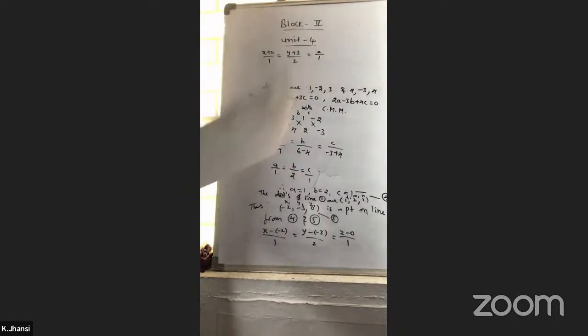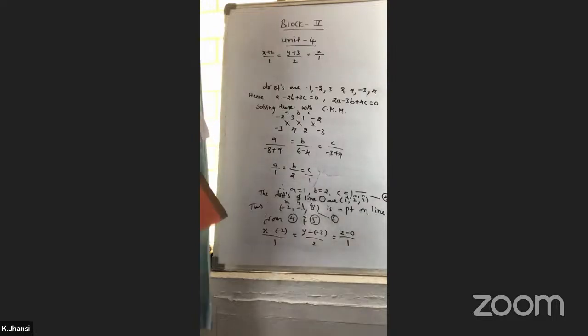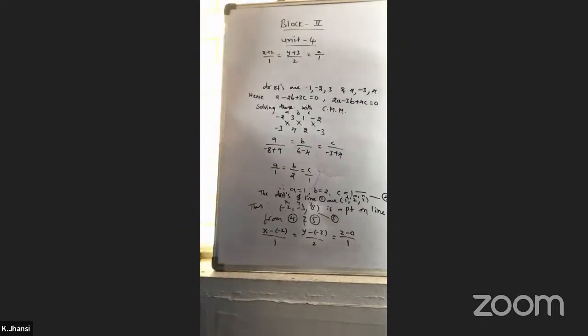This is also one of the problems. And this is a Check your progress problem, to find the point of intersection when one line equation is given and one plane is given.